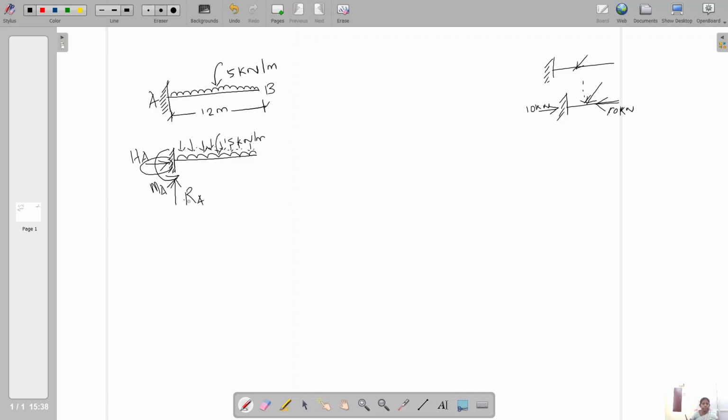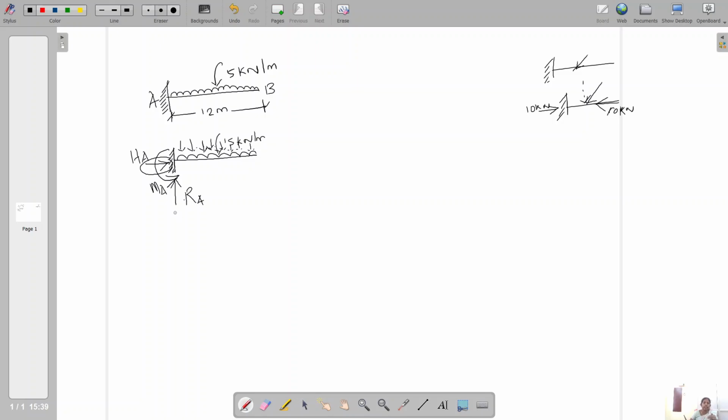So here the reaction at A is upward. I am assuming the direction because the load is downward, and there is no other direction of loading, only perpendicular downward loading.